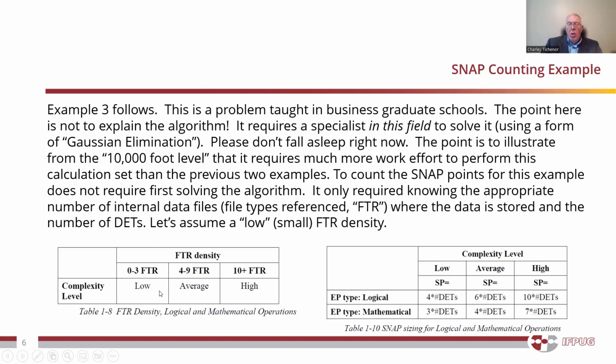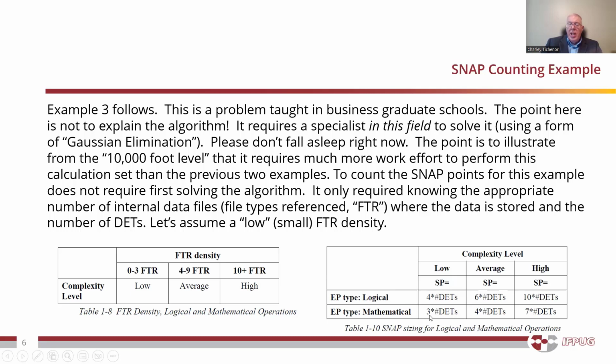I'm going to assume, for purposes of this presentation, that all of the data needed to execute the algorithm is in one logical file. In other words, in this case, let's put all of the data we need into one table in the database. Then we're going to calculate how big is this algorithm? What's the size of the algorithm?